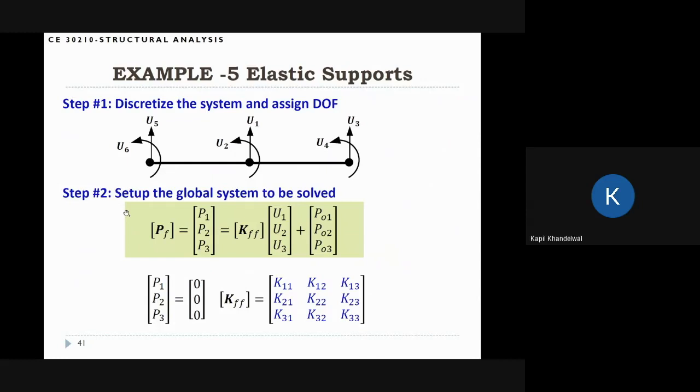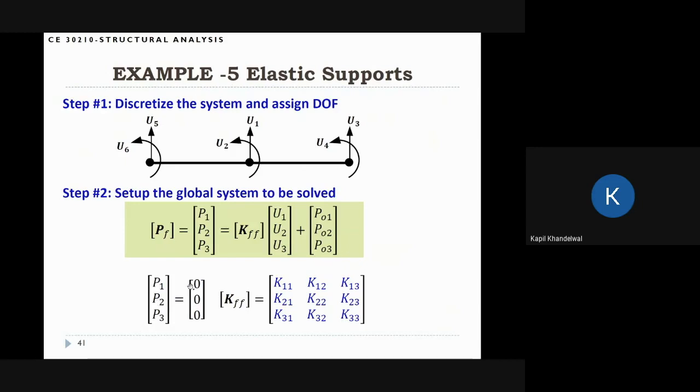So we try to set up the global system that we need to solve. The global system is PF equals KF times UF plus POF. We have to include POF because there are member forces in this case. So we will have fixed end member forces that will contribute to POF.